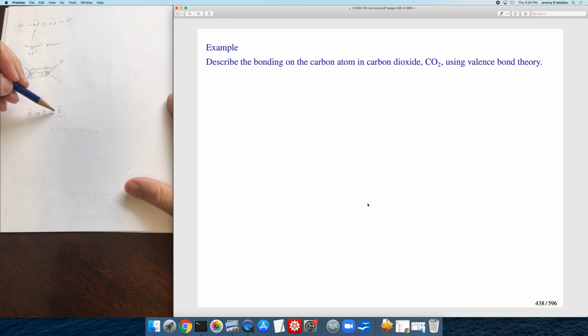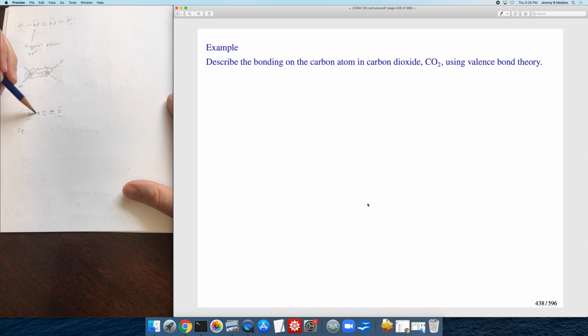And so for the linear structure, we're going to have an sp hybridization. And so on carbon, we're going to have an sp hybrid. So the first bond here involves a sigma overlap between an sp orbital on carbon and an orbital on oxygen. Same thing on the other side.